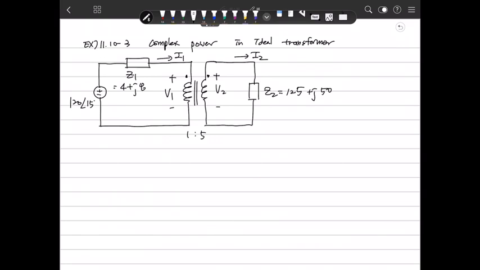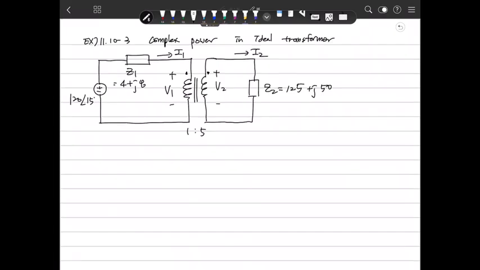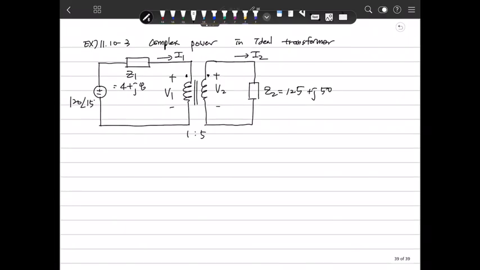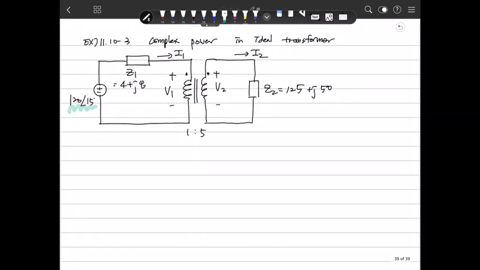So we want to calculate the complex power supplied by the source. It's a very simple problem. We make a simple circuit like that. You have the same source, but the impedance and one more impedance.